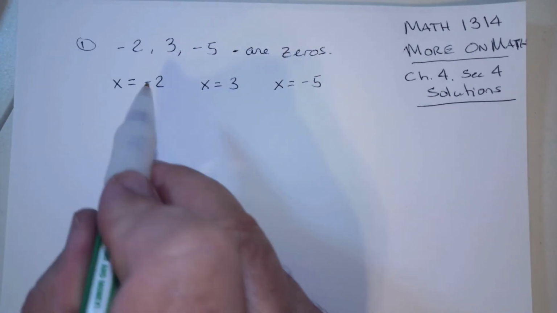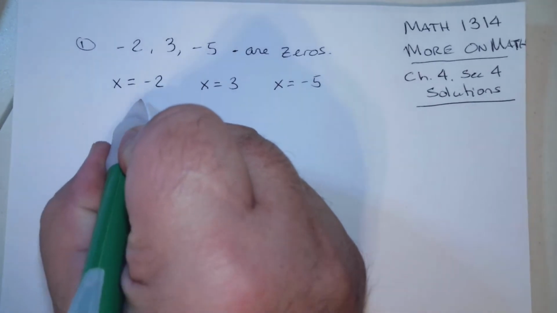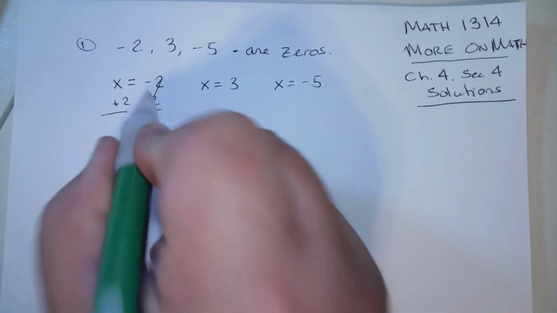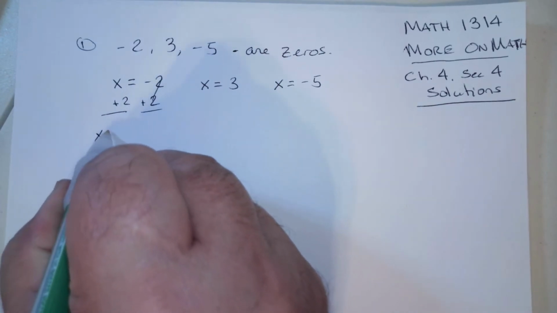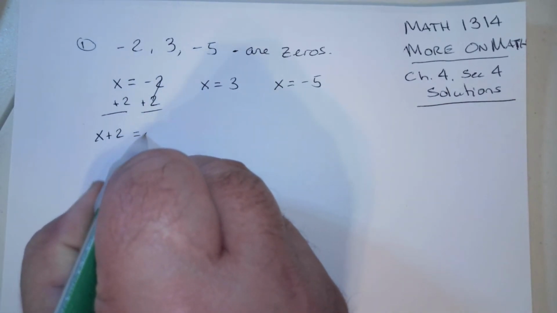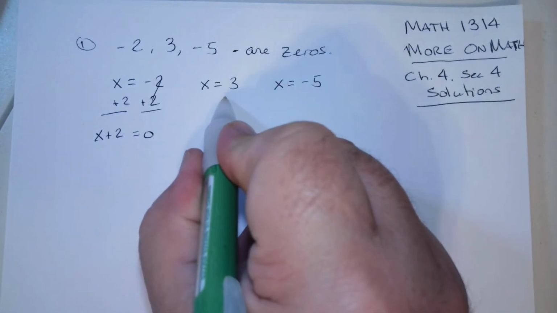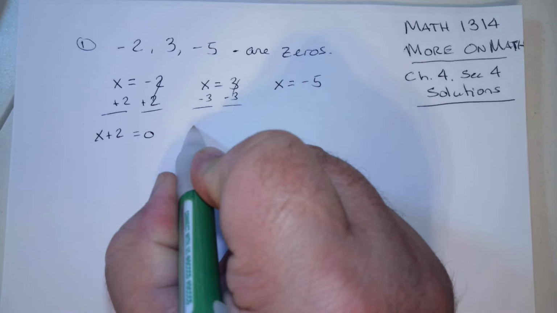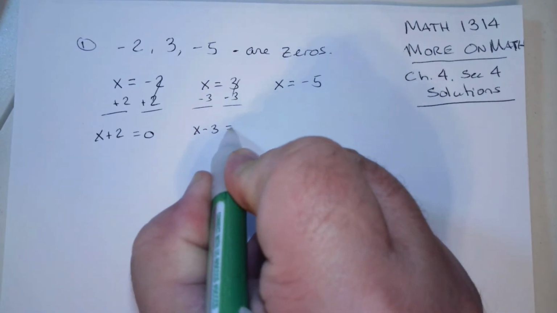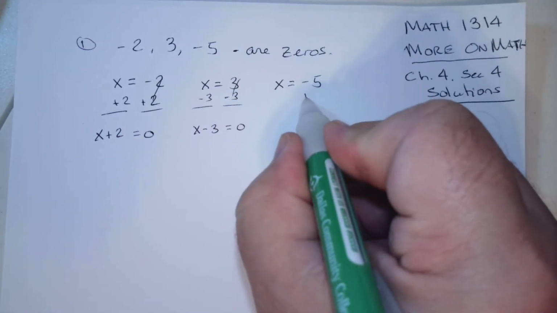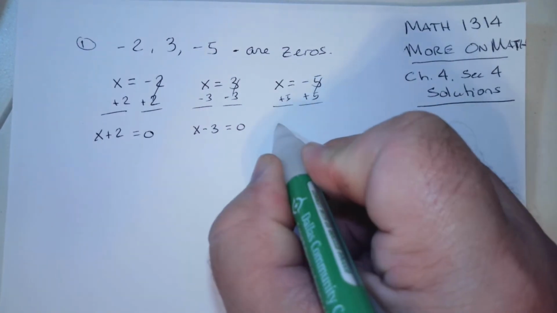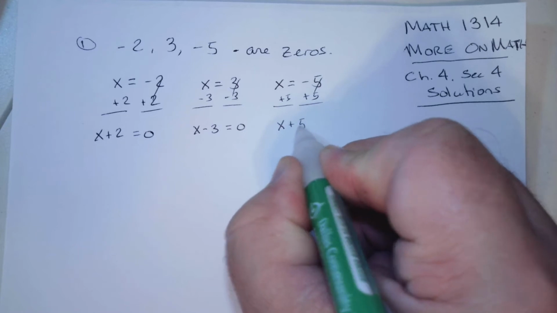Once we have them this way, we have to make them all equal 0. So we move the number to the other side, so we have x plus 2 equals 0. The next one we subtract 3 from both sides, x minus 3 equals 0, and we add 5 to both sides, so x plus 5 is equal to 0.